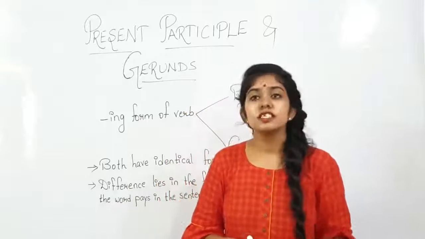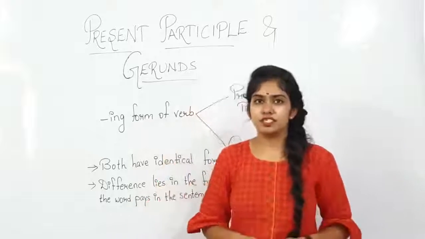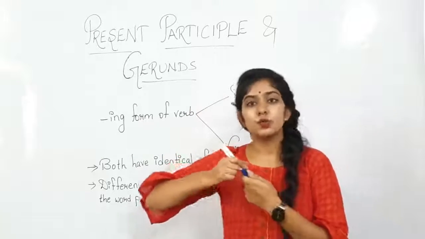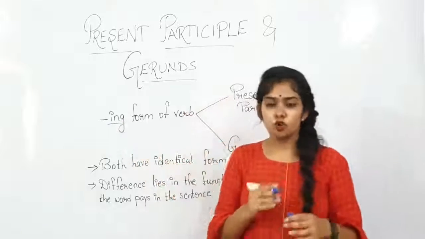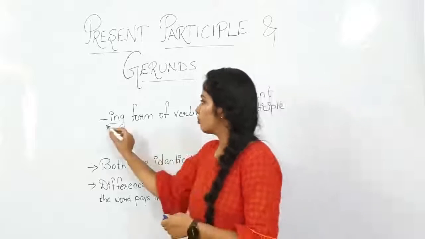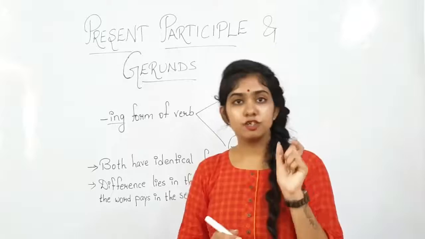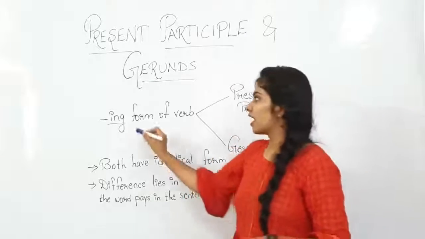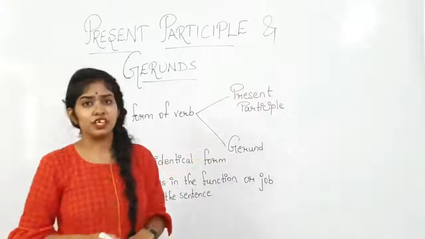So you can see that I have mentioned many action words, and all these action words end with ing. So present participle and gerunds both have the ing form of the verb. That means whatever verb, our action word, has ing at its end. In present participle and gerunds, both are like this.